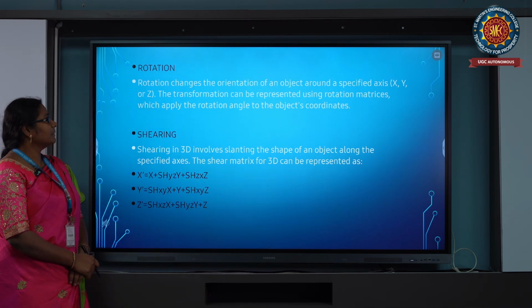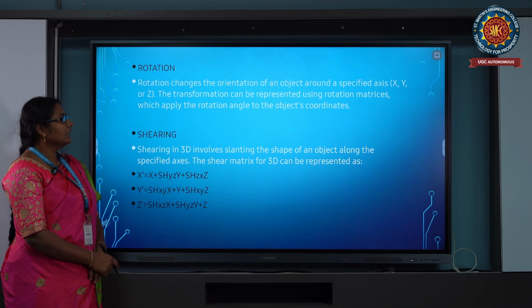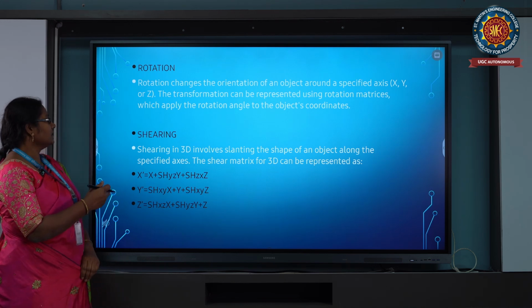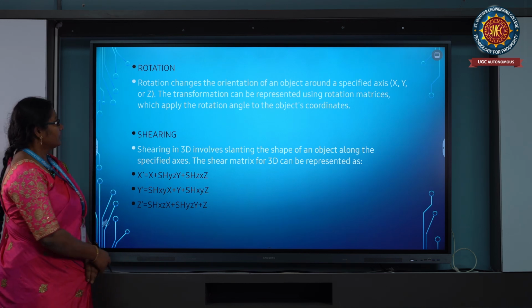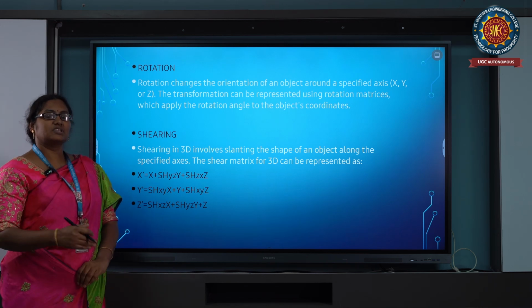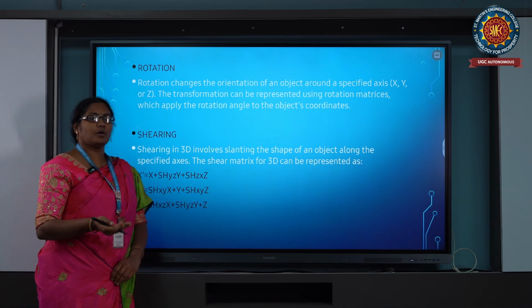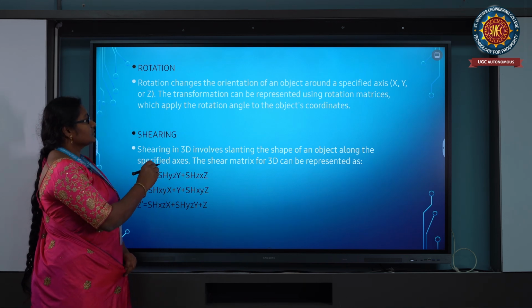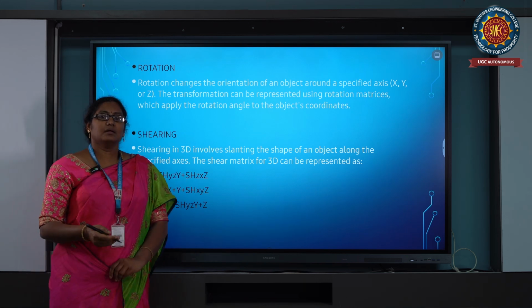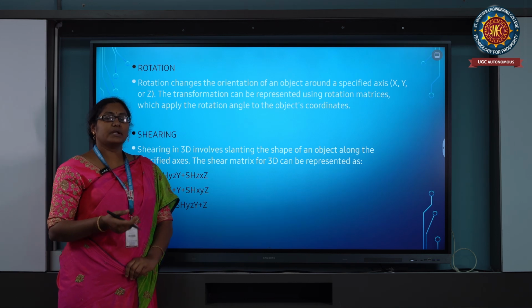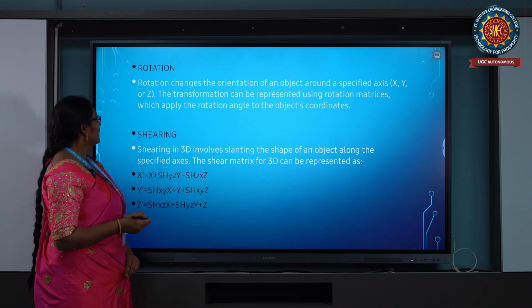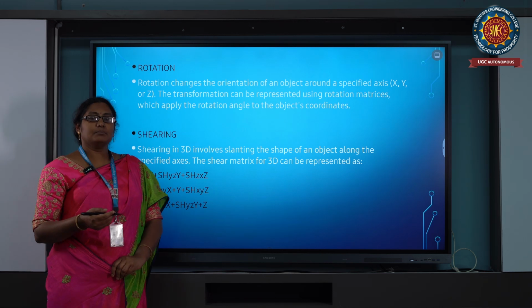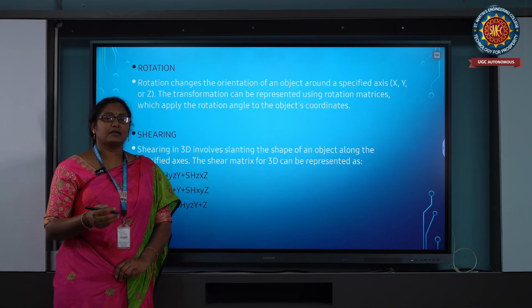And what other geometric transformations can you apply to 3D objects? Rotation and shearing. What is rotation? It will change the orientation of the object. This transformation can be represented as a matrix also, the rotation matrix. Here we can apply some angles, sin theta and cos theta.